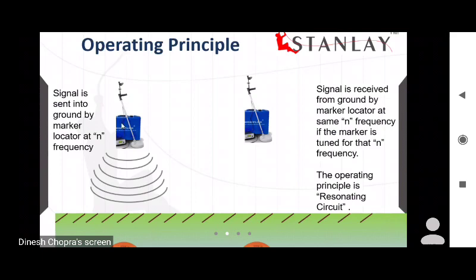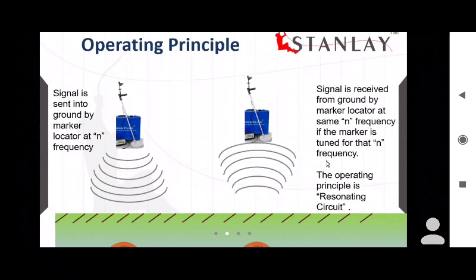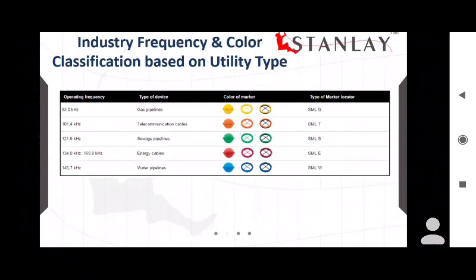This signal is sent into the ground. This marker receiver would also be of the same frequency. It can be set to the same frequency, so it will send the frequency into the ground, and it will come back. The locator will identify the marker, and the marker will resonate the same frequency back to the locator. This is where I think we stopped.